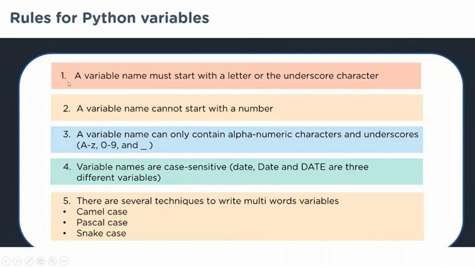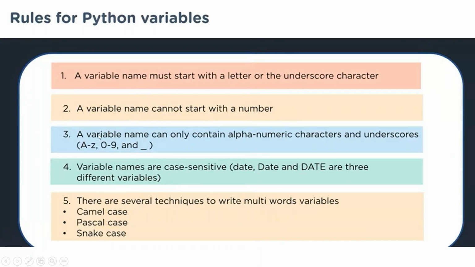Third, a variable name can only contain alphanumeric characters and underscores. Whenever you're using a variable, it can contain only alphanumeric characters and underscore. That is A to Z in lower case or upper case, 0 to 9, and only underscore. So no other symbols, right? At the rate, hashtag or dollar symbol are not allowed.